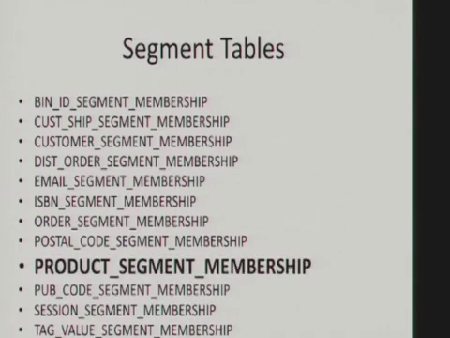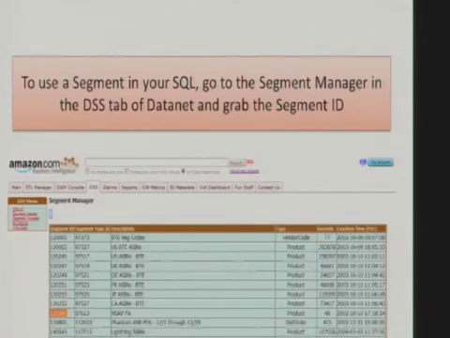Yeah. All right. Once you've created a segment, you create them in the DSS tab. There's this little segment creator, which you probably can't see from where you're sitting, and right below that is the segment manager, which if you've only used DSS, you probably never clicked over to. If you click on segment manager, it shows you a list of every segment you've ever created since you started working here. Segments never go away. You can't edit segments. If you need to change a segment, you have to create a new one. The earliest one I built was in 2003.